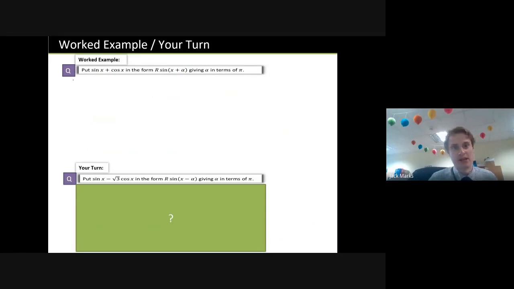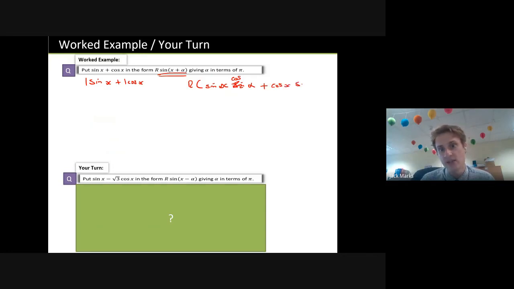So one more quick example, sine x plus cos x. So I'm going to rewrite that as 1 sine x plus 1 cos x. If I expand this one out, I get r of sine x cos alpha plus cos x sine alpha.